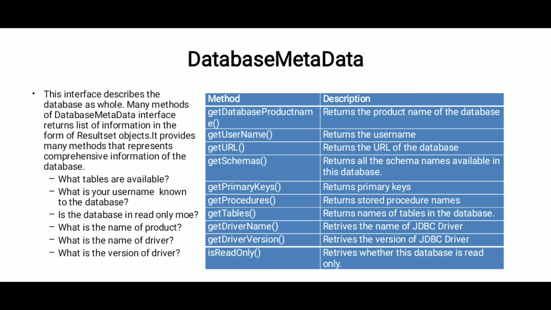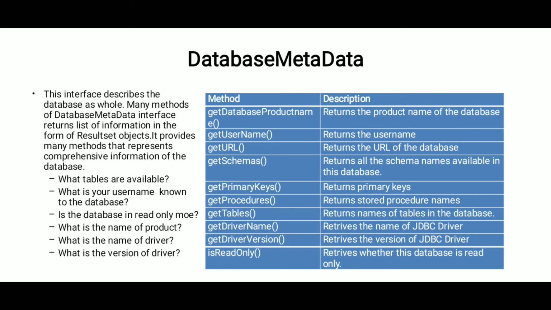Then the next one is DatabaseMetaData. DatabaseMetaData contains all the information which is defined in the database. There are different types of methods available, and it returns the list of information in the form of ResultSet objects. So it provides many methods for comprehensive information about the database.